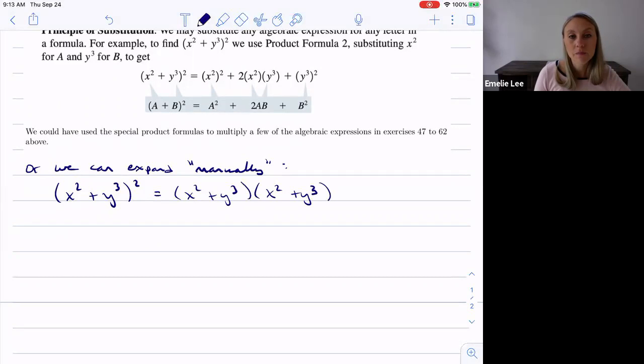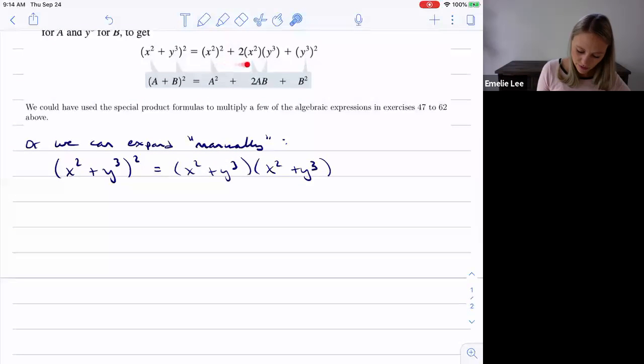It's going to get a little messy because I have to expand it all out. But just as a little warm up, let's go through and do this, and we'll see that we end up at the same result that we would have with the special product formulas.